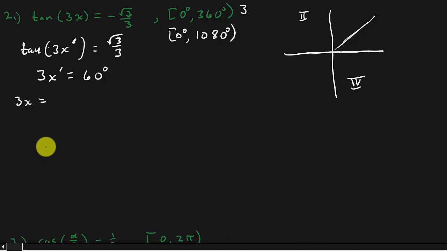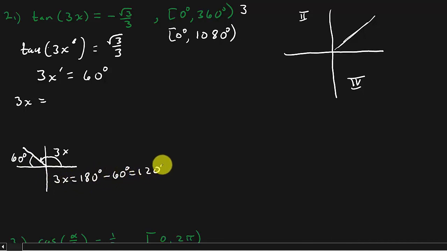Okay. So let's look at this. So my second quadrant angle, there's 3x. Here's my reference angle, 60 degrees. So I get 3x is what? 180 minus 60, which is 120. So 120 is one of my solutions.